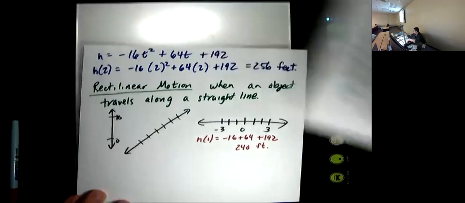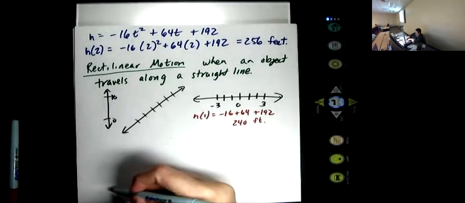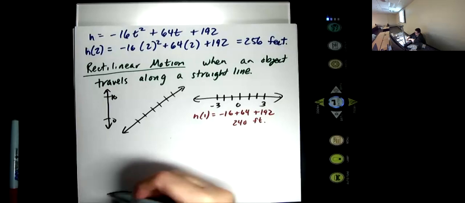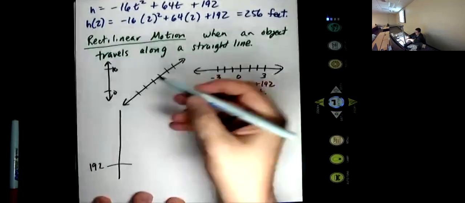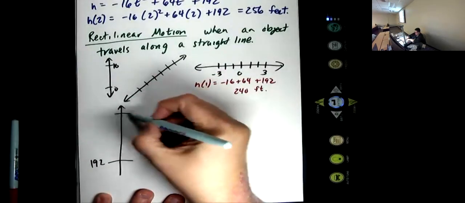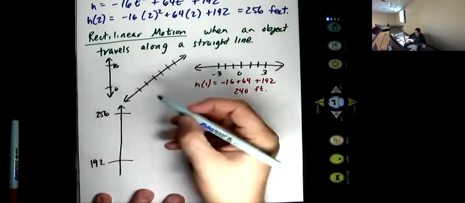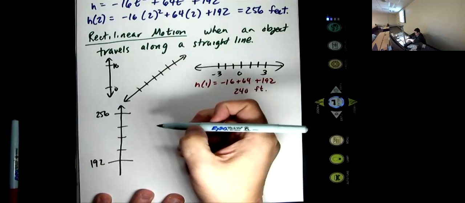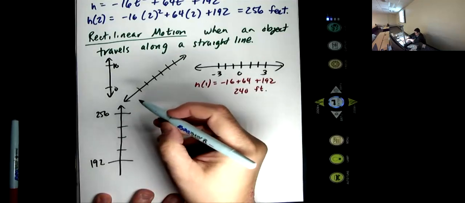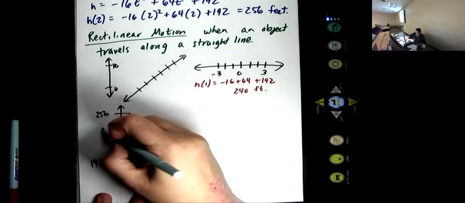So if we were going to plot the trajectory or the path of that ball on just that coordinate axis, I'll start at 192. And we know it goes up to 256. And I think 240 is three quarters of the way up. Let's see, we got 56, 64. Yeah, 3/4 of the way up would be 240.